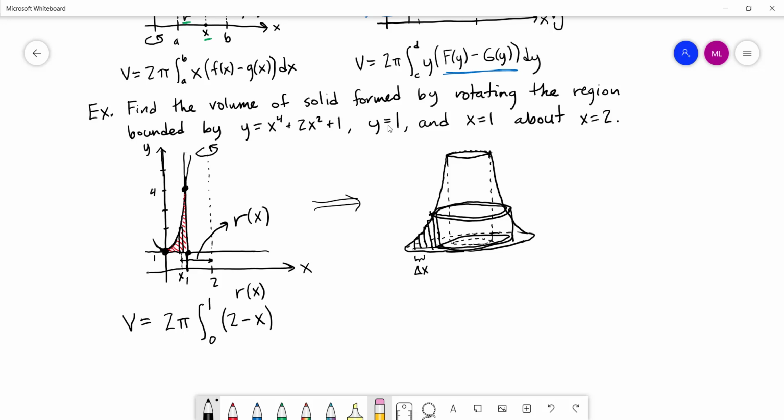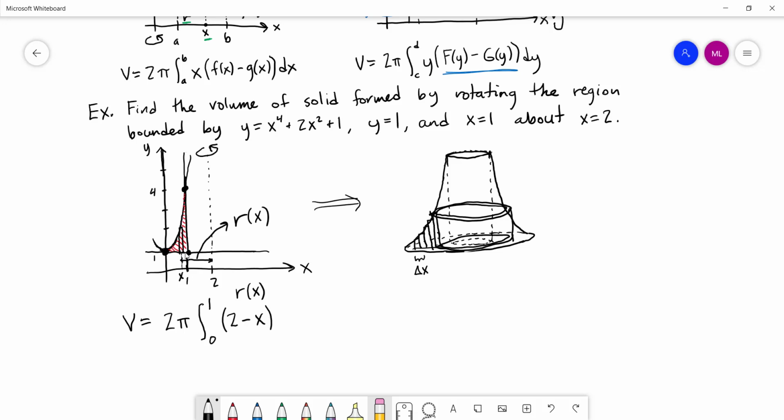That plays the role of our radius. This is our r of x. It's the distance from the axis of rotation at 2 to the point of this particular rectangle that we're interested in, which occurs at point x. And if we did a different x value, that radius would change. So if I was doing the rectangles over here towards the left, the radius would be almost 2 because the x coordinate would be close to 0, and we would get a value very close to 2.